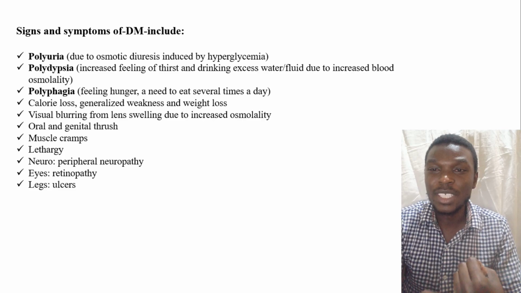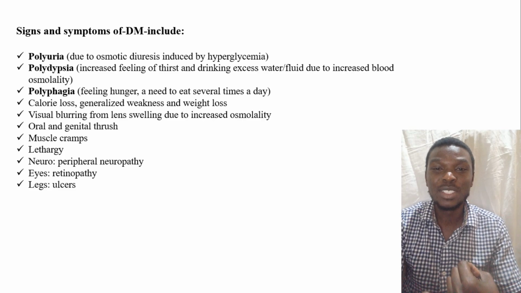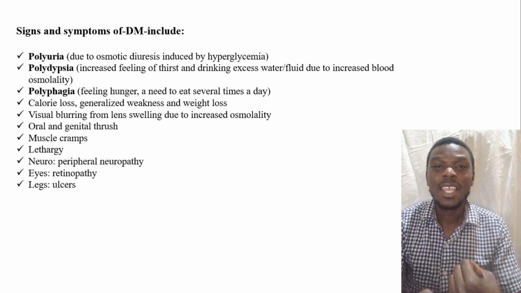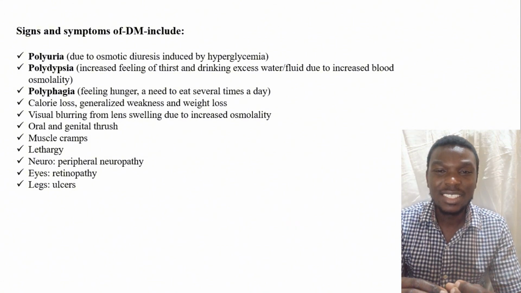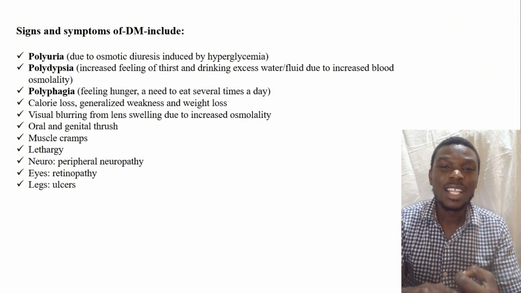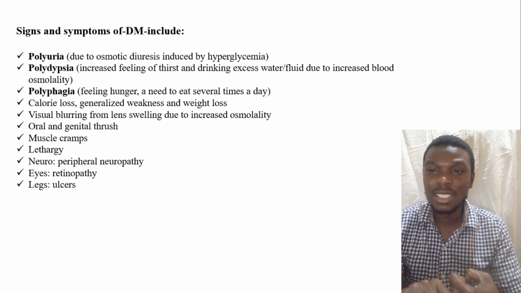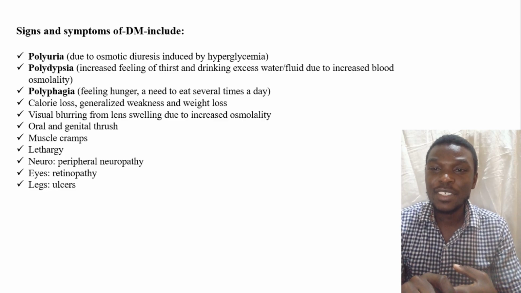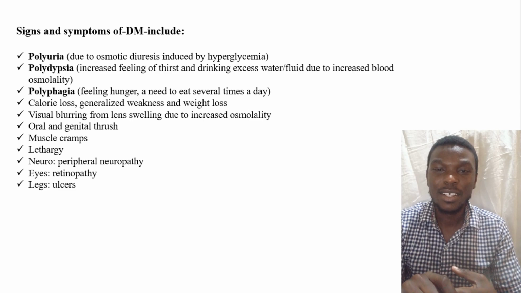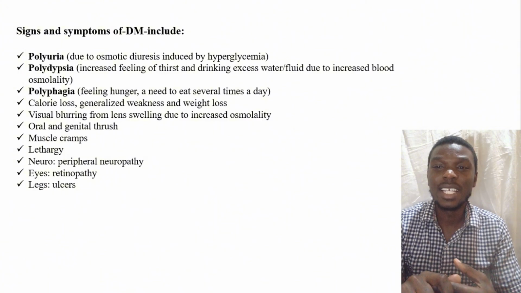Others will present with visual problems. Some patients will tell you, I am seeing cloudy vision. That may also indicate that these patients are likely diabetic. This visual blurring is due to swelling of the lens in the eye.